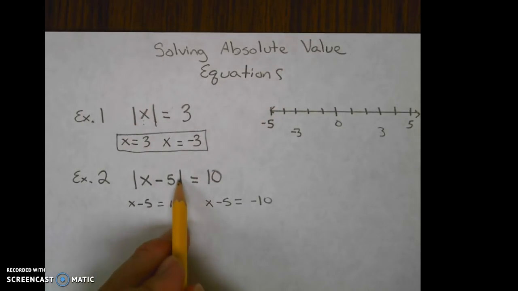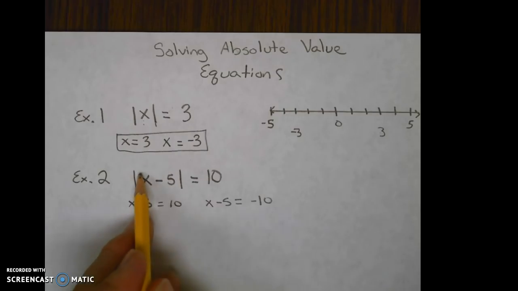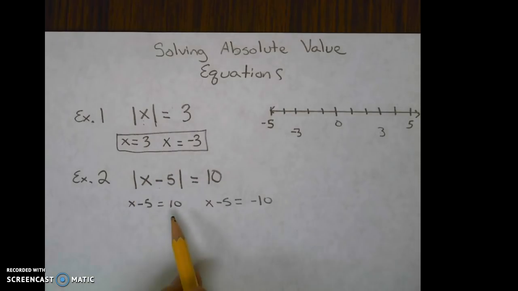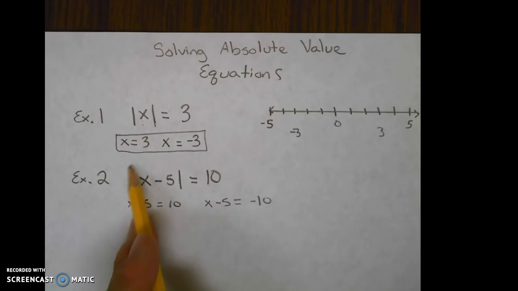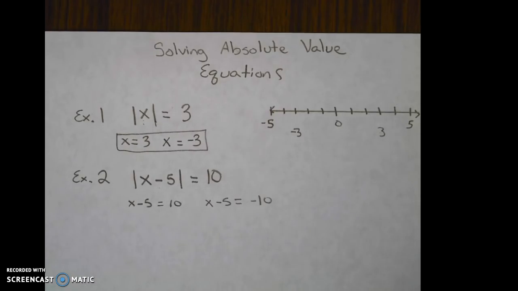So whatever is inside the absolute value grouping symbol is either going to be positive or negative, because both of those numbers are 10 units from 0.